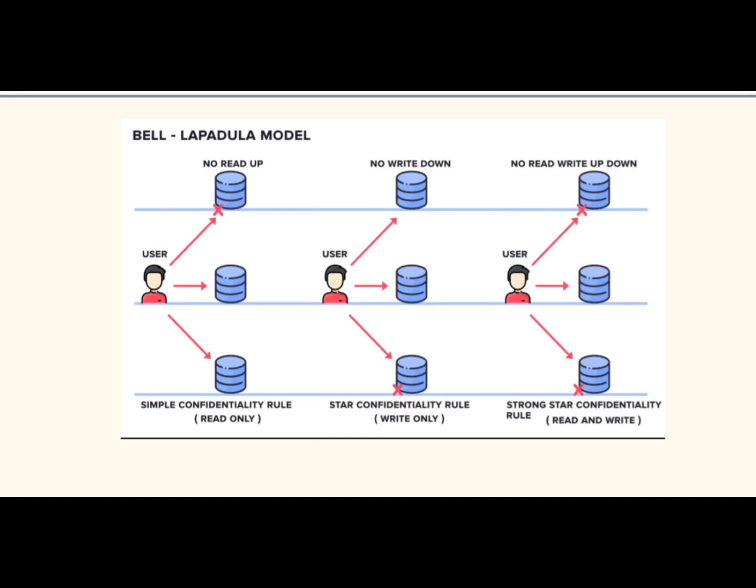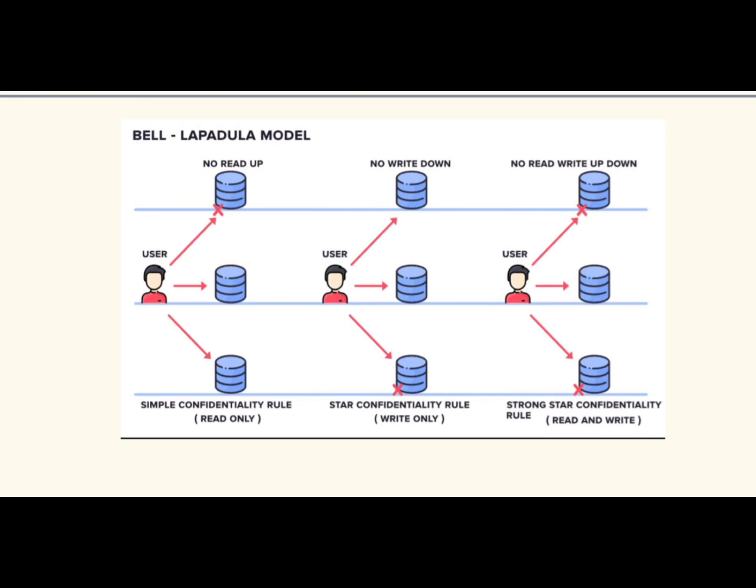In this video, we will discuss the Bell-LaPadula model. We have a few more security models in the CISSP course, which we will discuss in upcoming videos, but in this video, we are going to mainly focus on the Bell-LaPadula model.